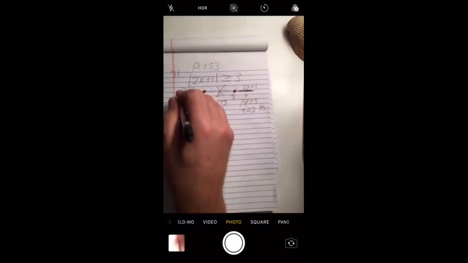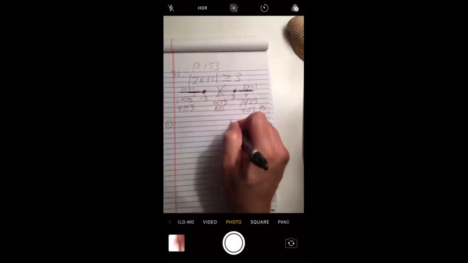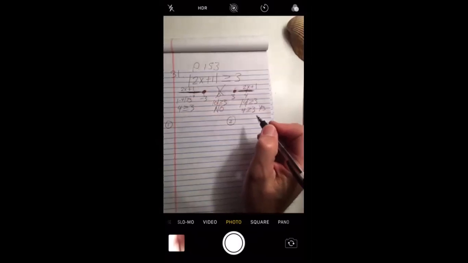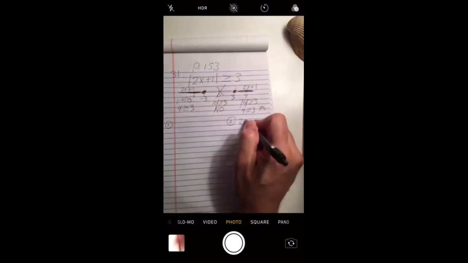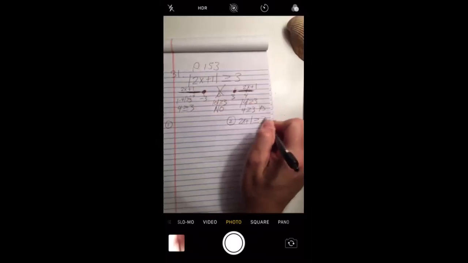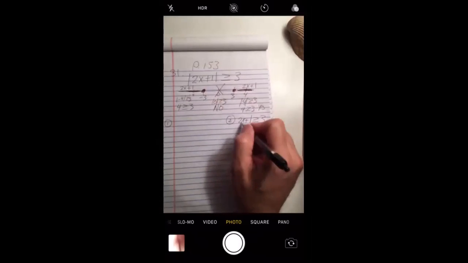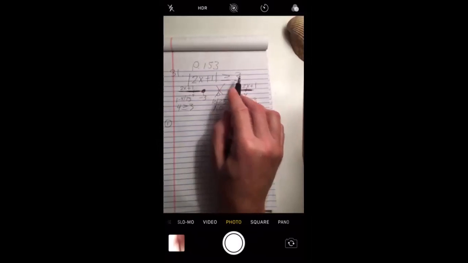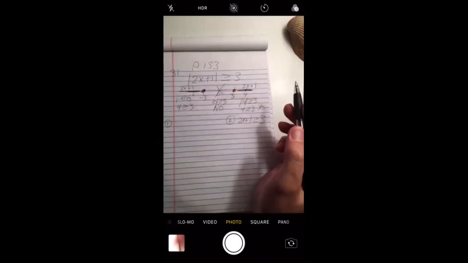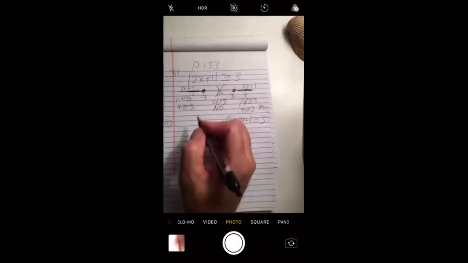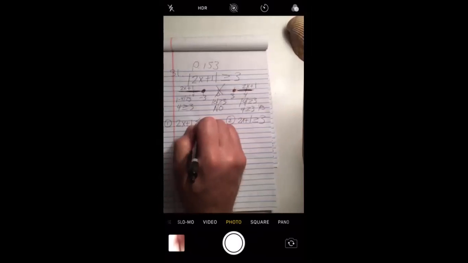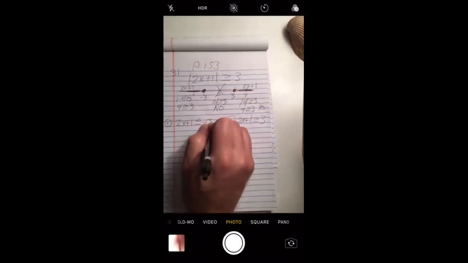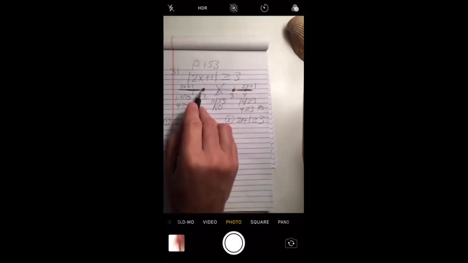We'll call this one case 1, this one case 2. This one should be obvious. Your 2x plus 1 is greater than or equal to 3. Most people get that just exactly like it's written. But over here, your 2x plus 1 has got to be less than or equal to -3 because you're on the left side of -3.